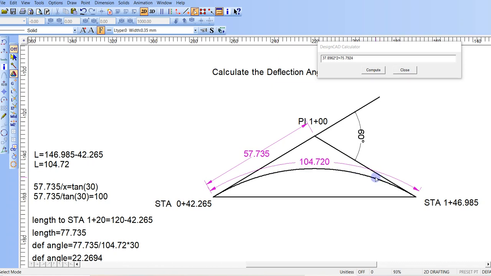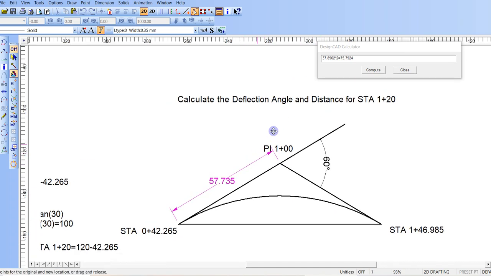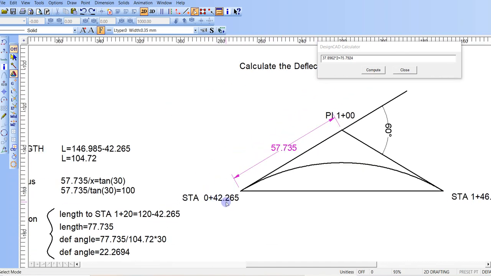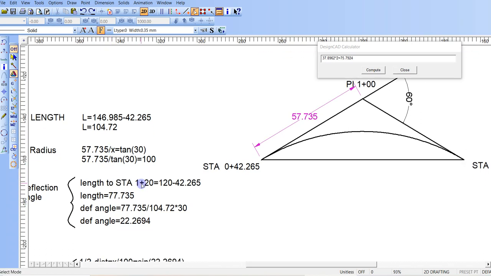And let me go back. I want to keep that point because it's already dialed in. So we have the length. Now we're looking for the arc. We know station 120, so you go 120 minus this, which will give you the length of the curve from the point of beginning of curve to 120.